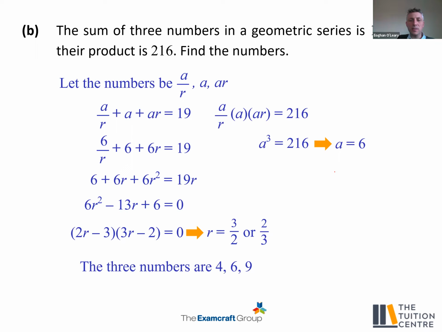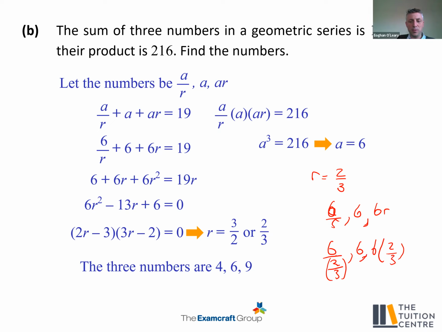Because let's just say if r is equal to 2 over 3, then if you have a over r, well, we know that a is 6, so you've got 6 over r, you've got 6, and you've got 6 times r. So you've got 6 all over 2/3, comma, 6, comma, 6 times 2/3.